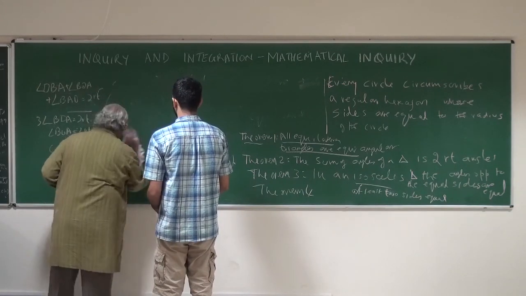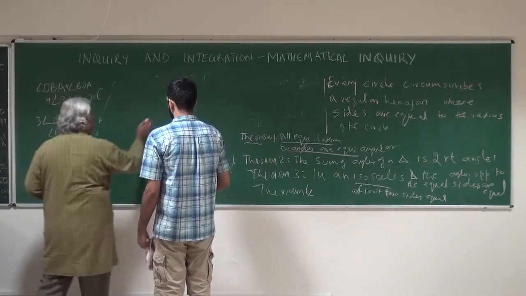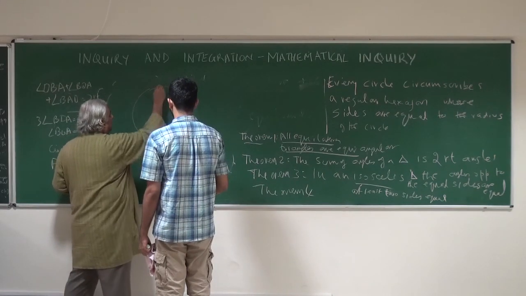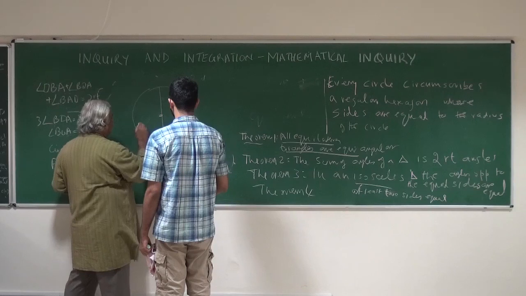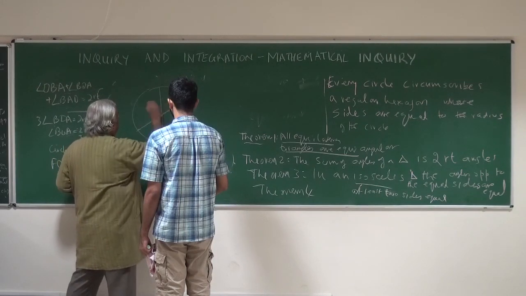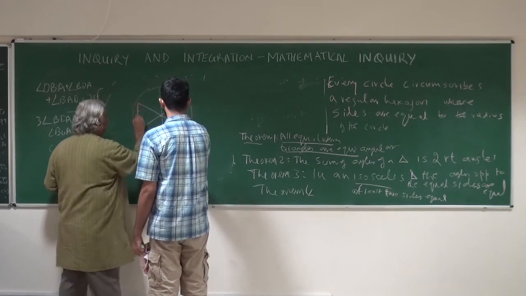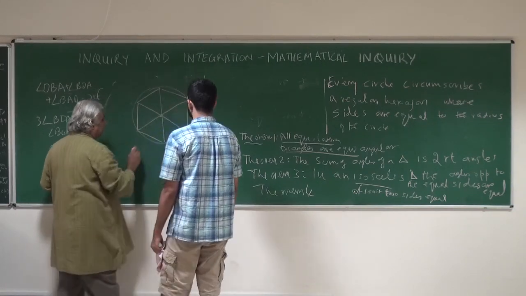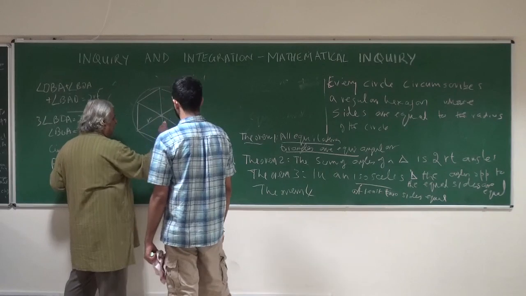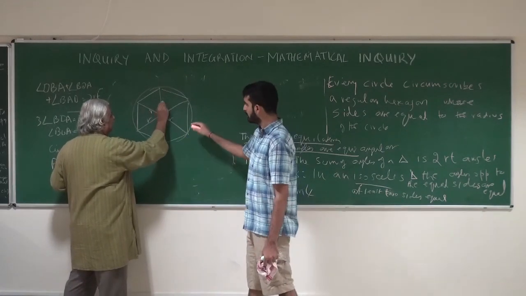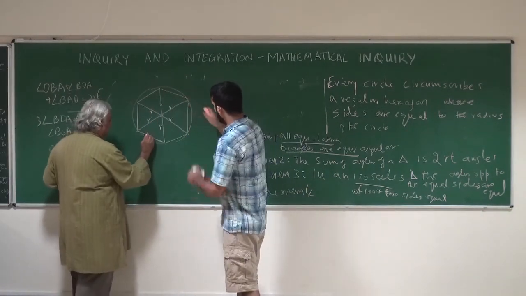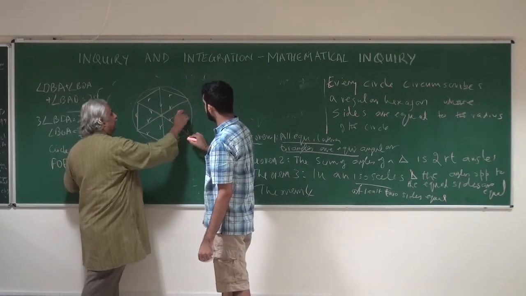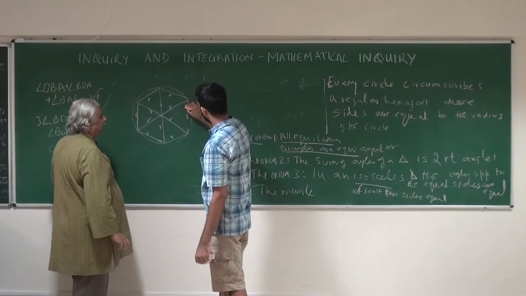Let's do this again very quickly. If you have a circle and a regular polygon, what we did was to say these are all radii. Let's do a dotted line.